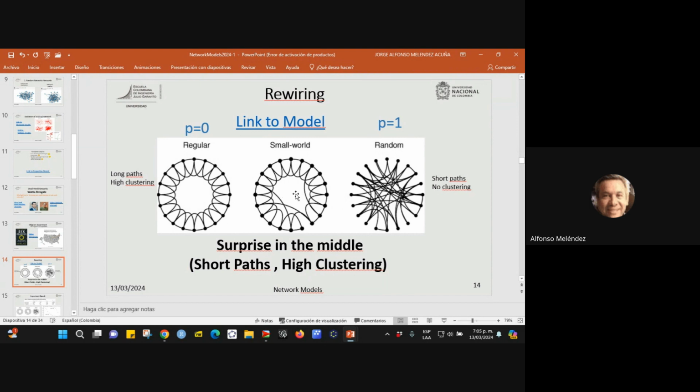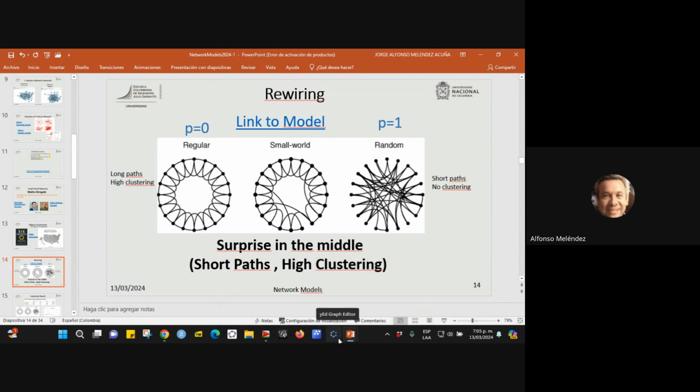In the middle is short paths and high clustering. But what is high clustering? This is relative. It depends on the network you're seeing, but short paths and high clustering is typical of small world networks.